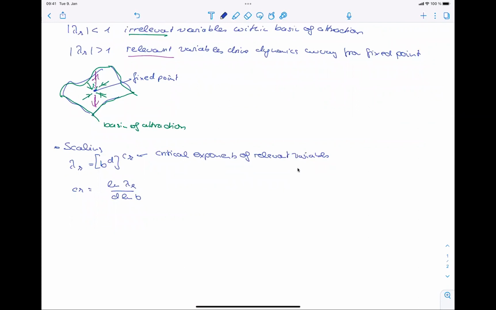Having in mind that what I'm doing in my blocking transitions is that my number of lattice sites scales as b to the minus d, depending on the dimension. And similarly, my reduced free energy scales as b to the d. Okay, so that was the reduced free energy.